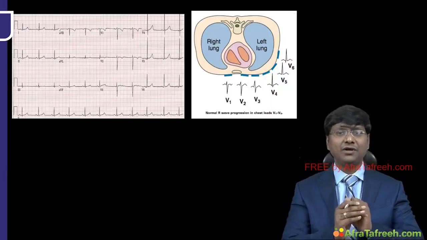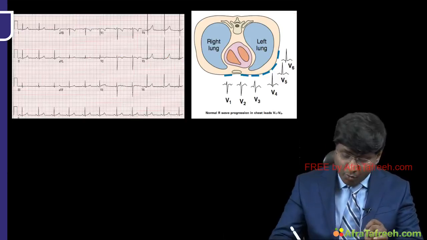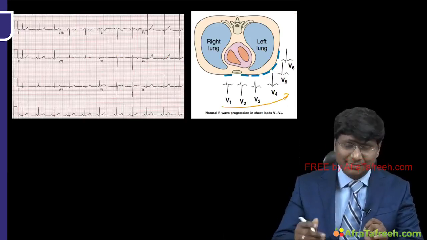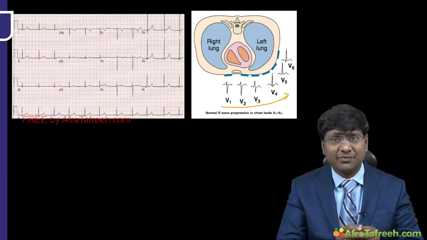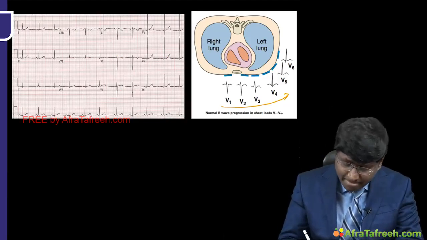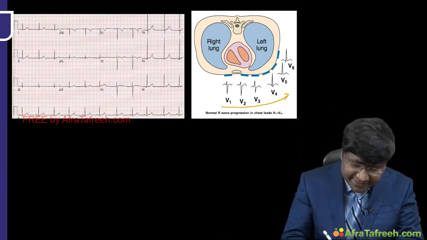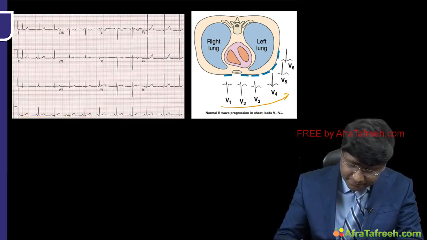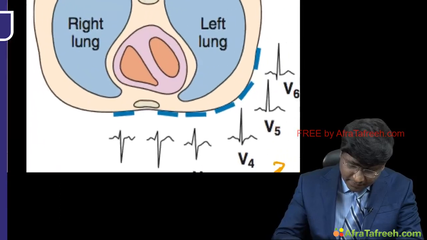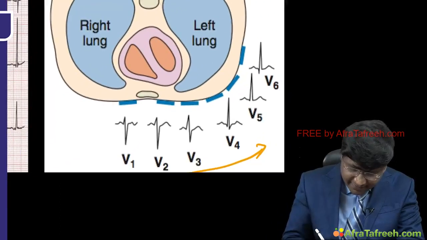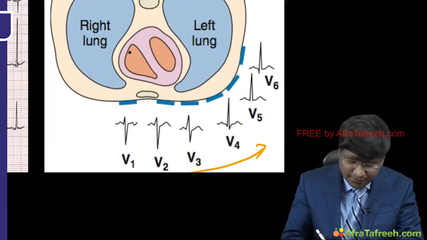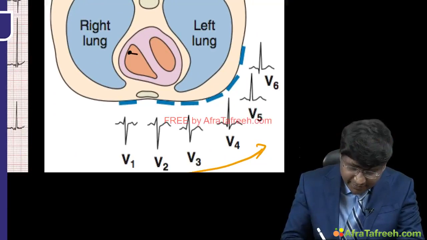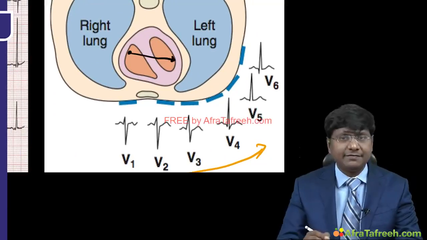First of all, you need to understand the concept of the progression of the R wave. Where will the electrical activity be starting? The electrical activity starts from the SA node and gradually progresses towards the left ventricle.